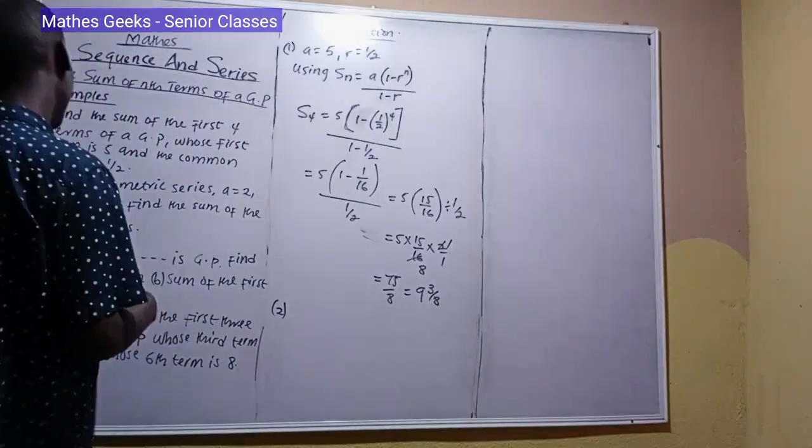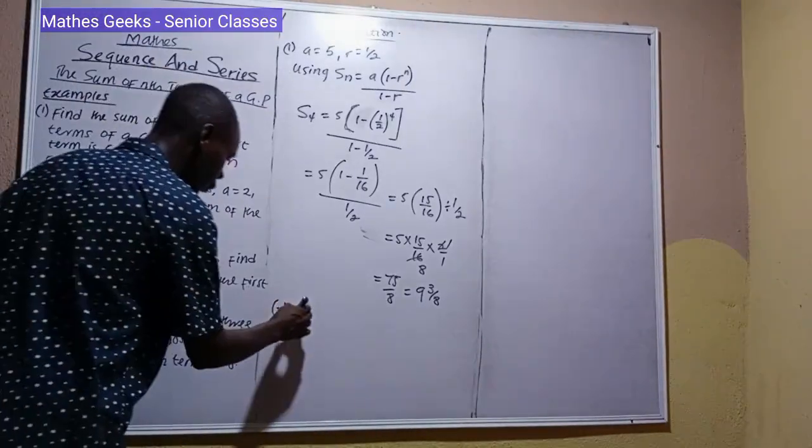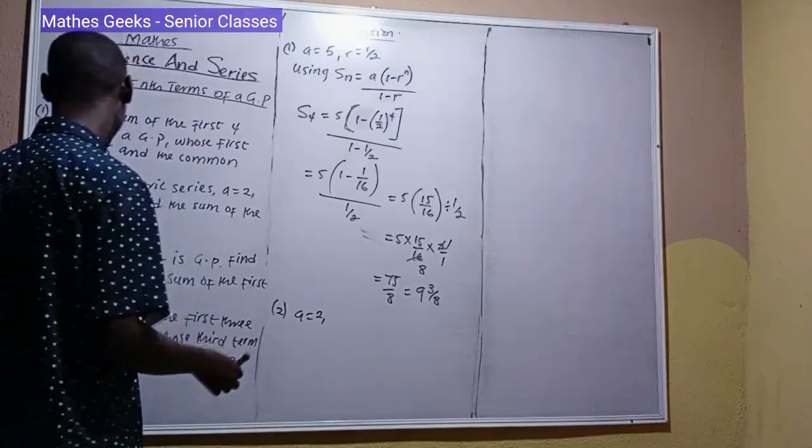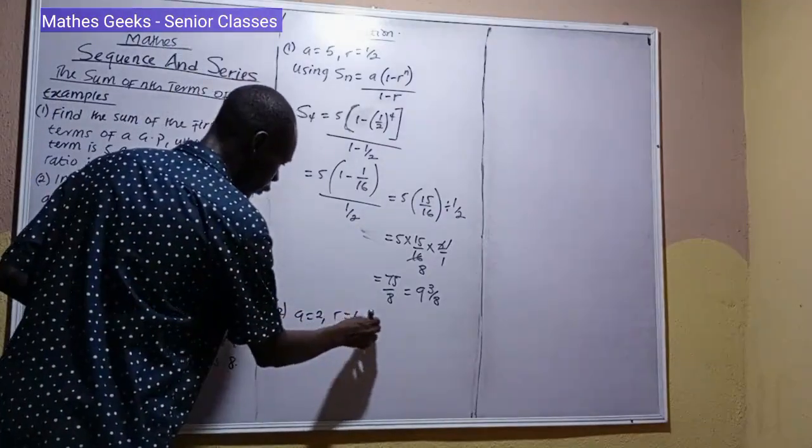Number 2. In a geometric series, A is 2 and R is equal to 1 over 2.